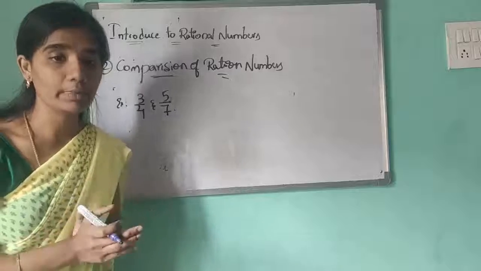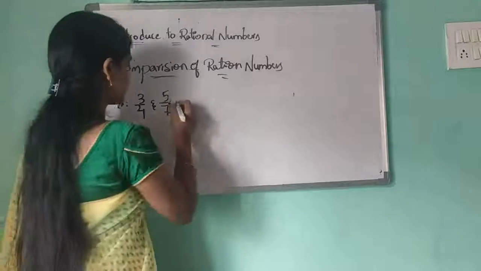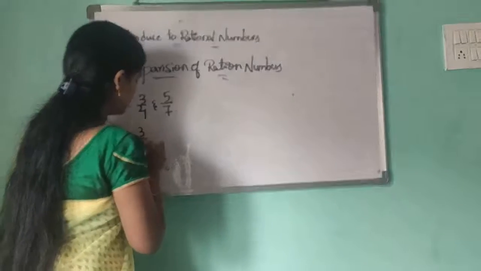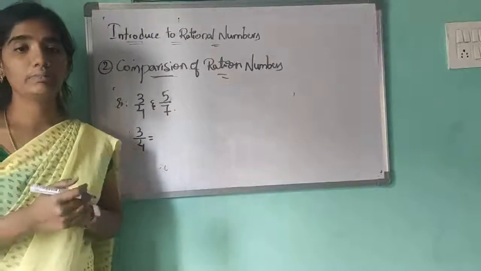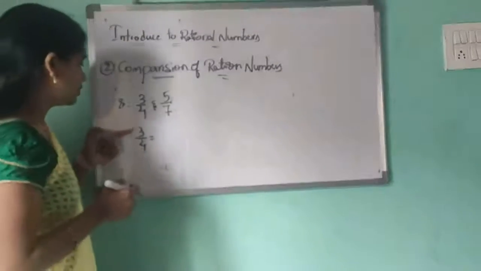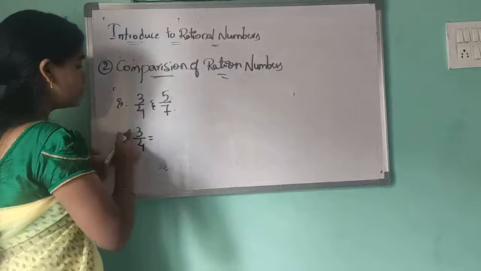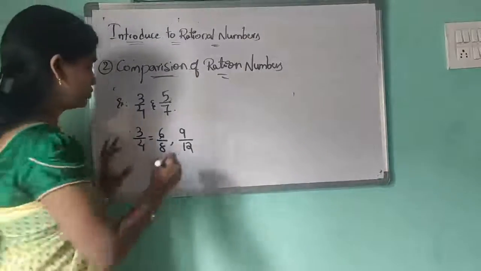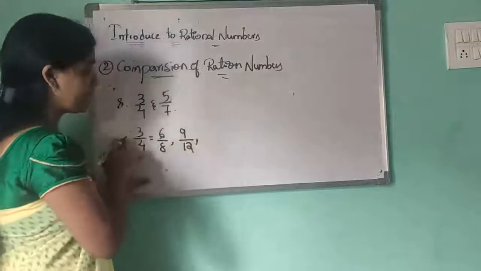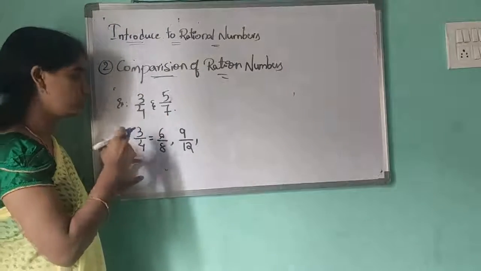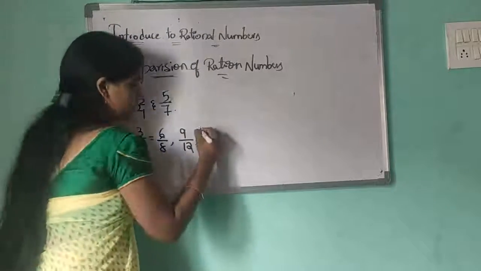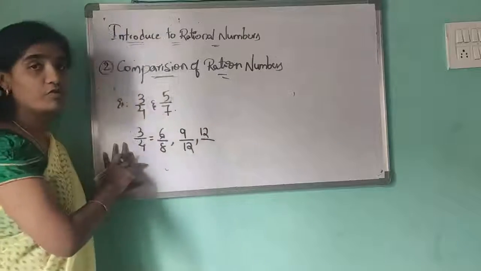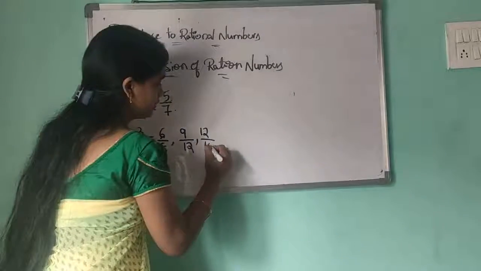Let's see an example, 3 by 4. If you multiply both numerator and denominator by the same number, 3 by 4 becomes 6 by 8, then 9 by 12, then 3 4s are 12 and 4 4s are 16, and so on.